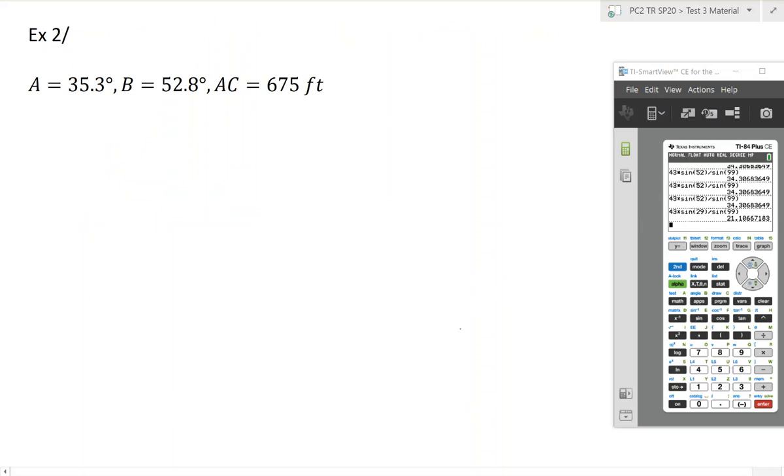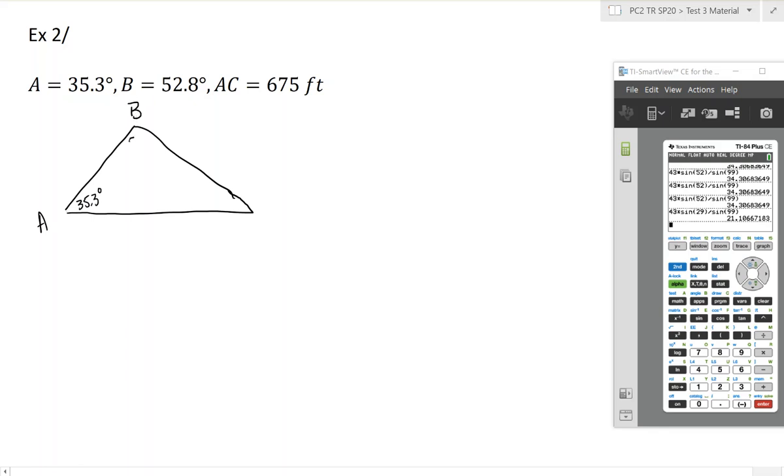All right, the second example, same type of thing, but you have a triangle that you haven't determined what it looks like. So just make a quick drawing. Big A is 35.3 degrees.